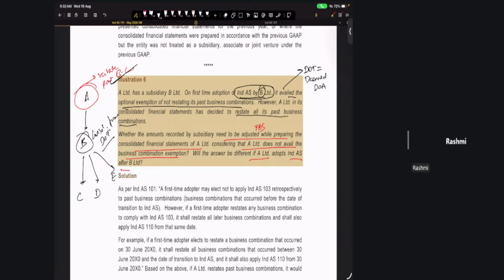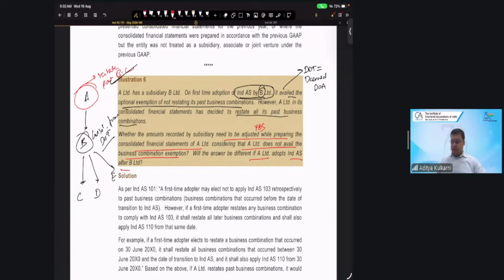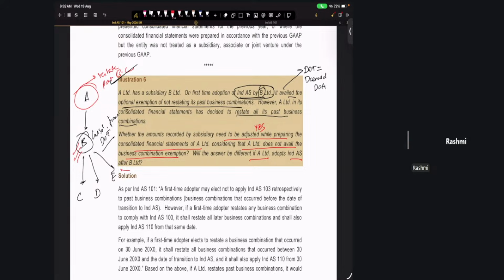So the question is, should B modify its financial statements to capture all past business combinations? What do you think? So, like subsidiary, I think it can continue with the decision.